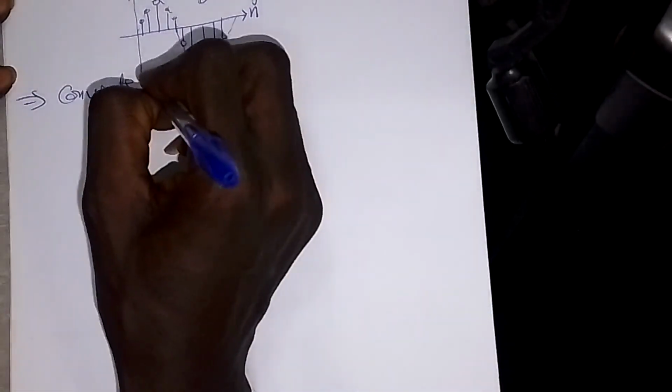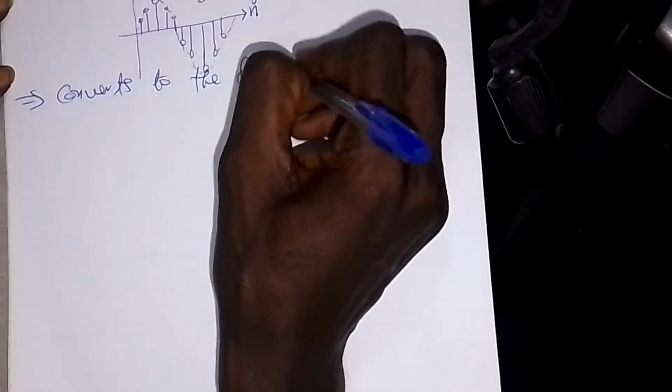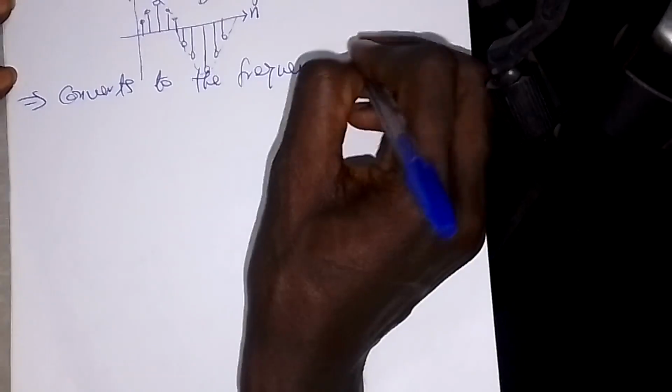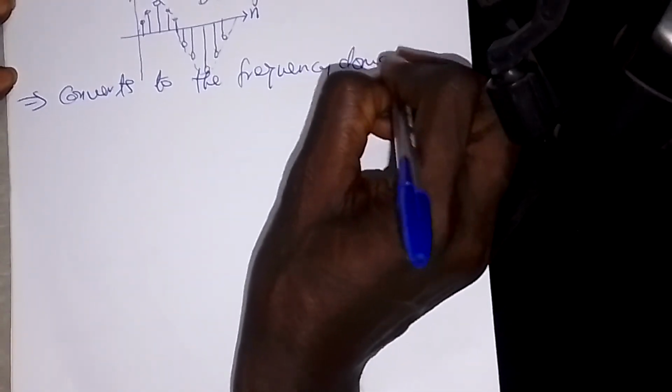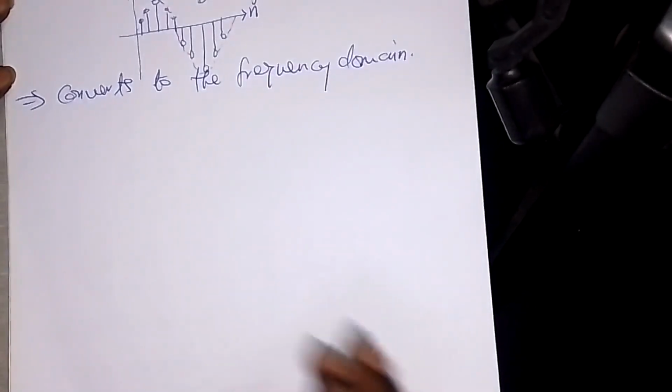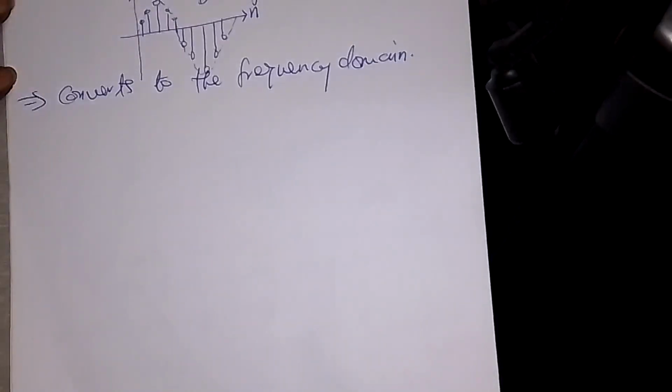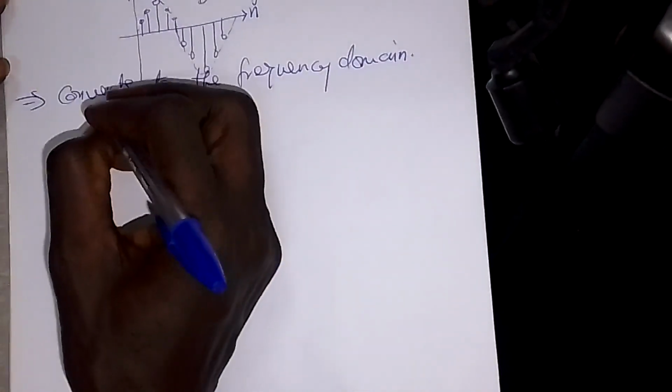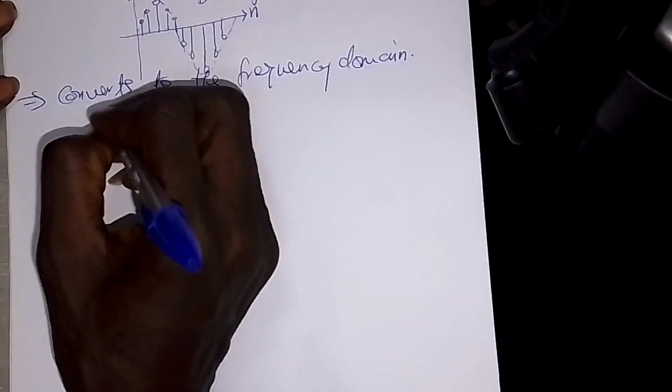What they actually do to the discrete time signal is convert it to the frequency domain. So it will convert a discrete time signal to the frequency domain, and it normally uses this particular formula.